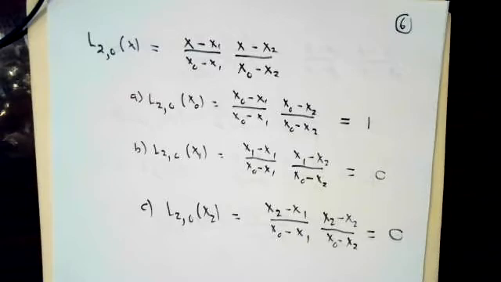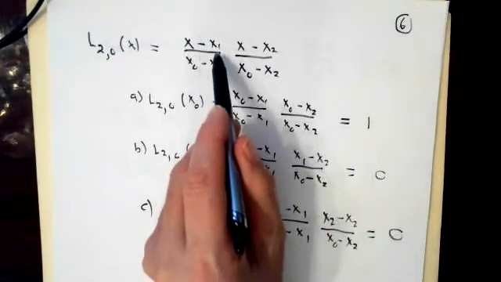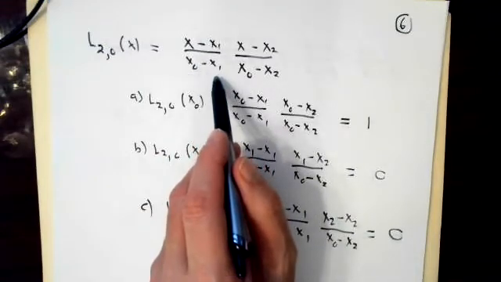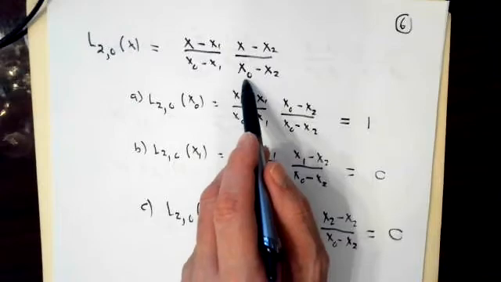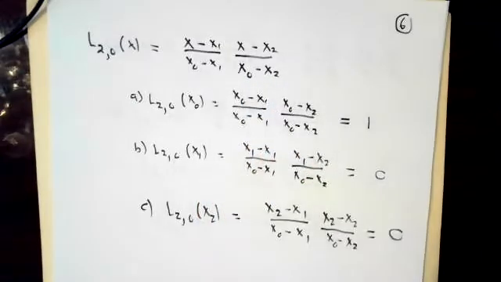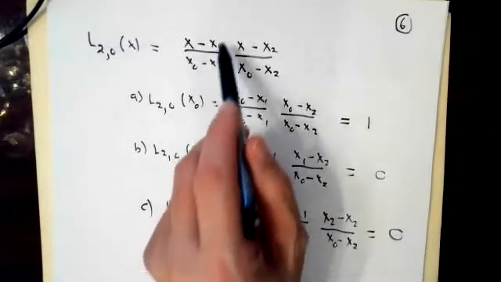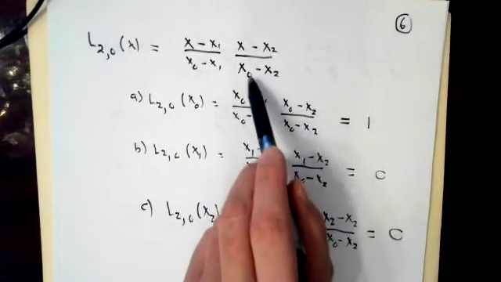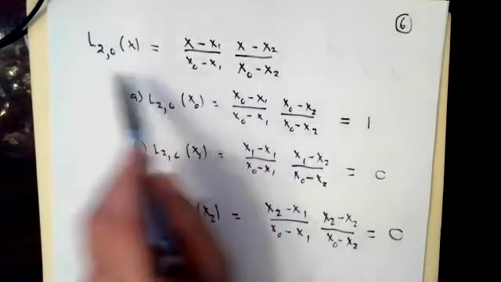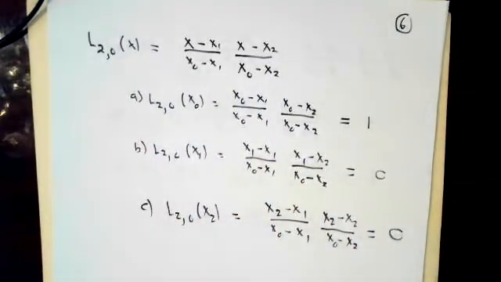Thinking about L2 comma 0 of x, this is x minus x1 over x0 minus x1 times x minus x2 over x0 minus x2. These indexes always match. These indexes match. This index is which one of these polynomials I'm talking about.